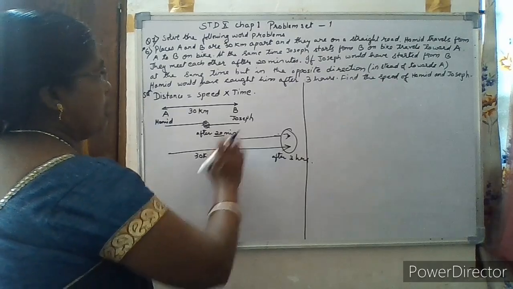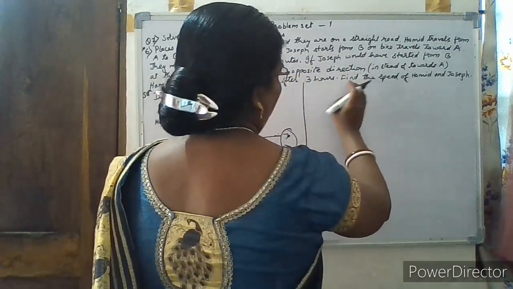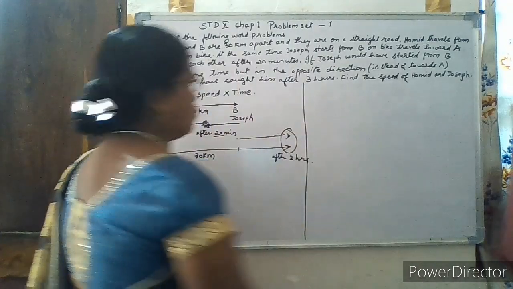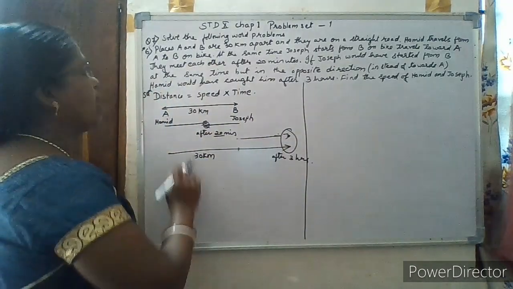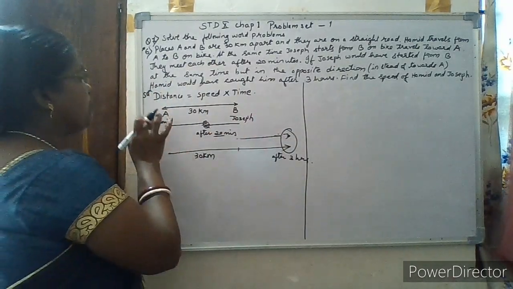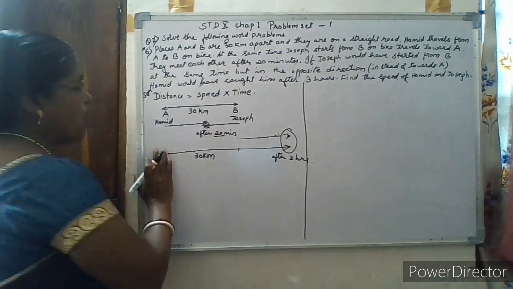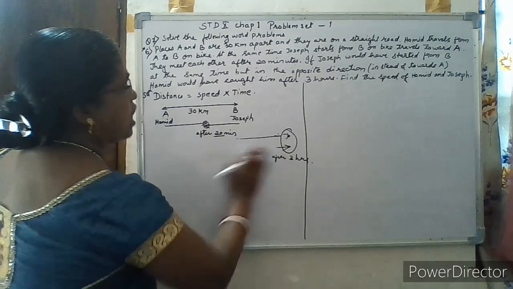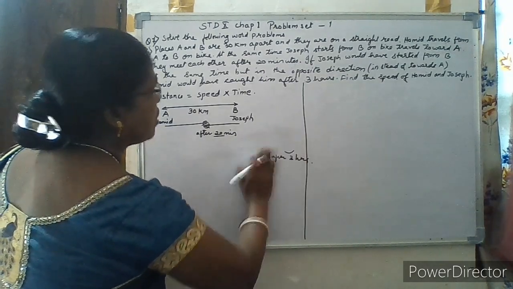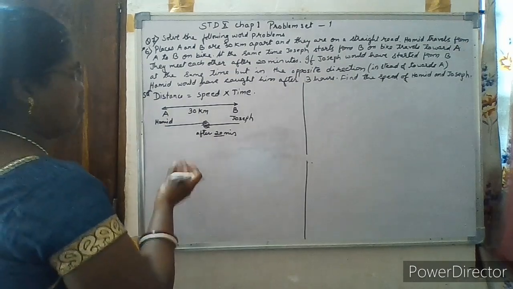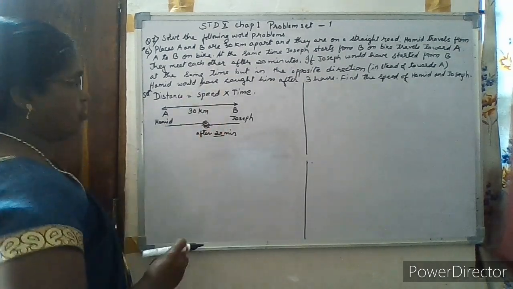Now, what we have to find is the speed of Hamid and Joseph. So this is the question we have to take. We have to find the speed of Hamid and speed of Joseph. So according to the second condition, I'll explain again as we are solving. Now listen, let us go with the first condition.